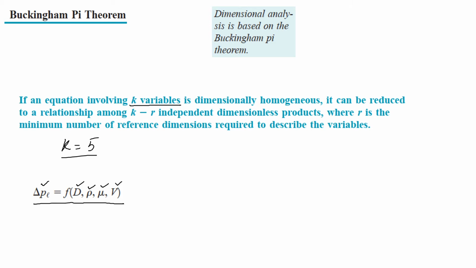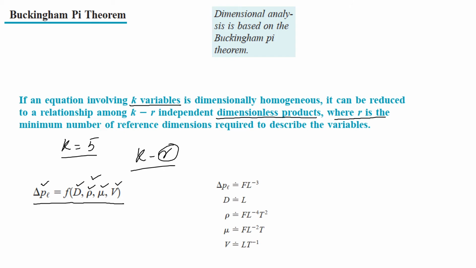These dimensionally homogeneous k variables can be reduced to k minus r dimensionless independent products, where r is the minimum number of reference dimensions required to describe the variable. So we need to define r to understand the statement. So r is the minimum number of reference dimensions required to describe the variable.